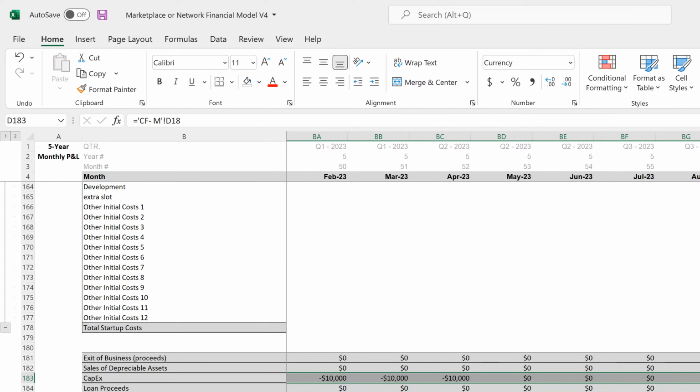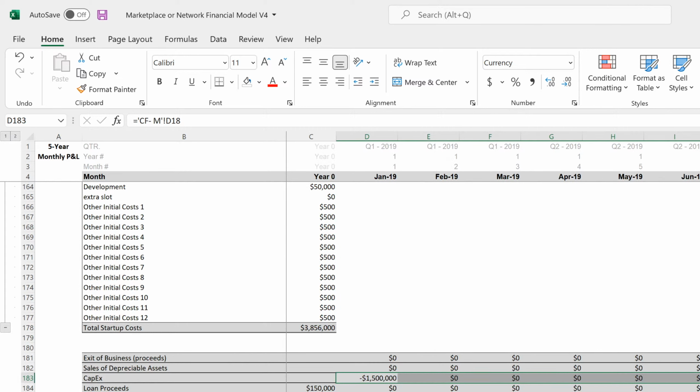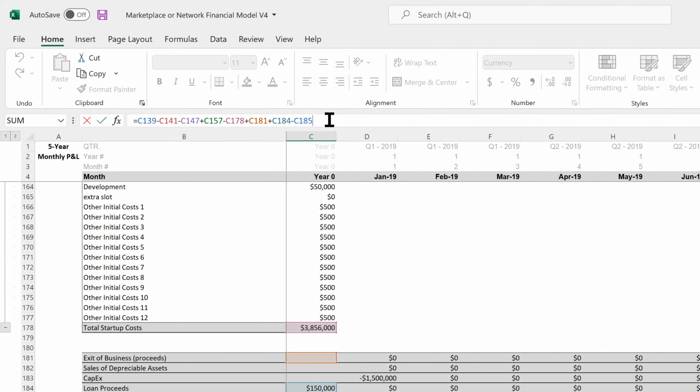And let's make sure we're getting all this. So we want to add sales depreciable asset, reduce CapEx.